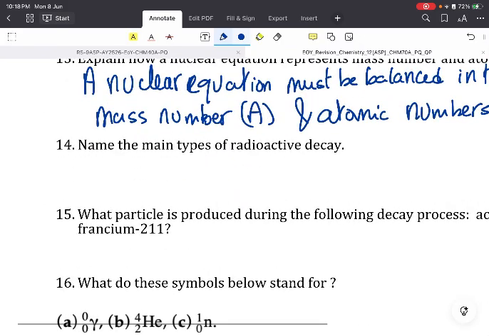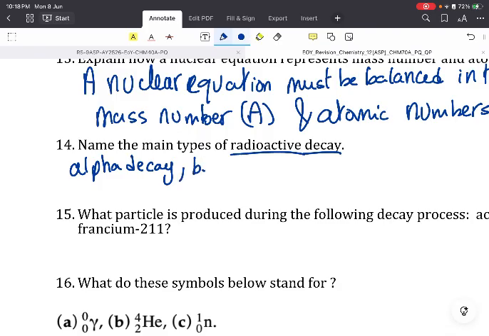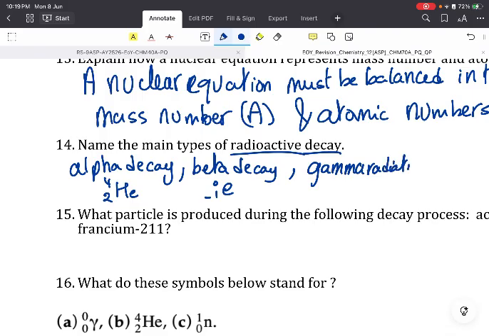Name the main types of radioactive decay. So I either have alpha decay, it means we obtain alpha as a product, or I have a beta decay. So here's the alpha decay, here's the beta decay, or gamma radiation.